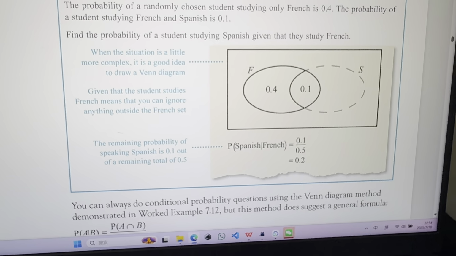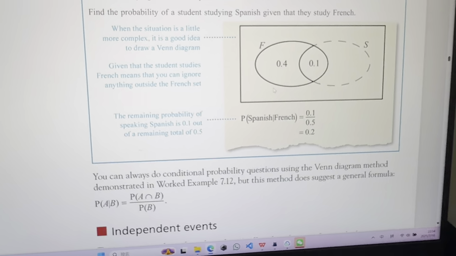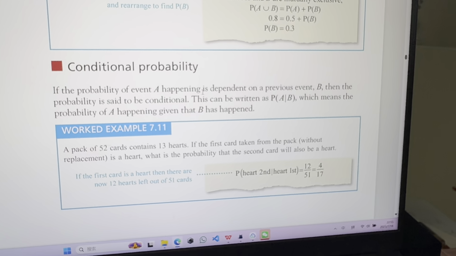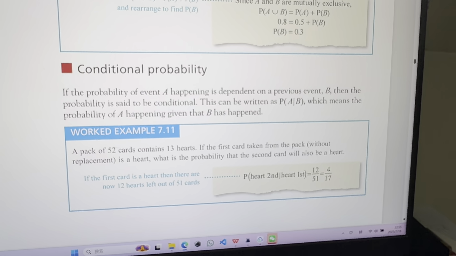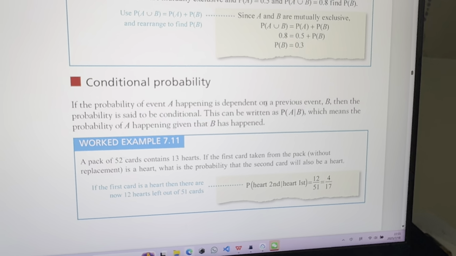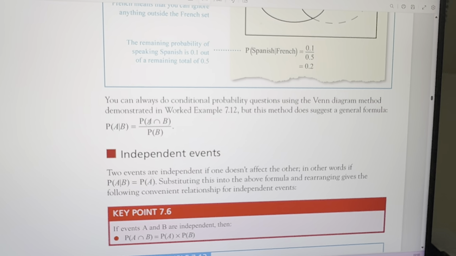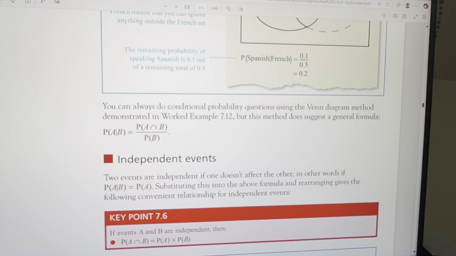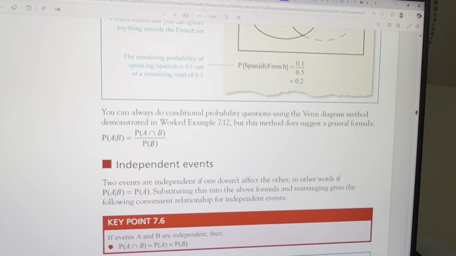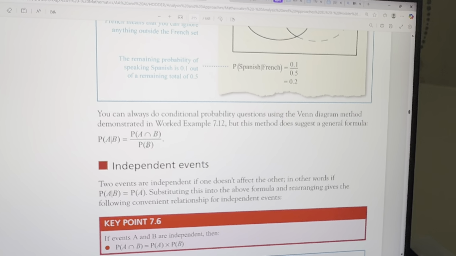So if we use the common formula, it will be something like this. If the probability of event A happening is dependent on the previous event B, then the probability is said to be conditional. The formula is the intersection of the two events over the condition event.